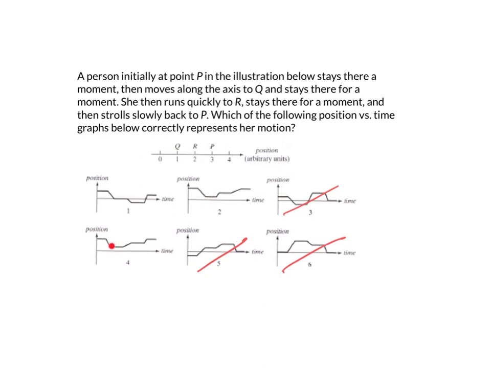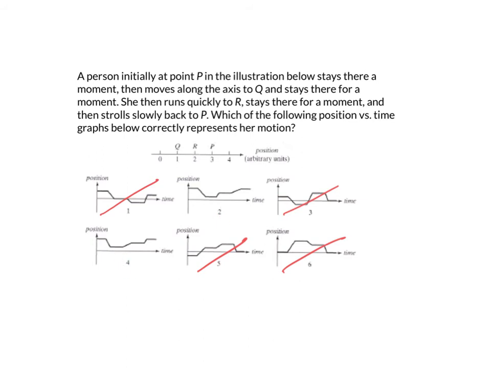It looks like this section here could be located at Q. But if you look at choice 1 here, this position is 0. That's over here. So that clearly doesn't correspond to point Q. We're going to eliminate choice 1 from the options. Now we have 2 contenders: it's either choice 2 or choice 4.